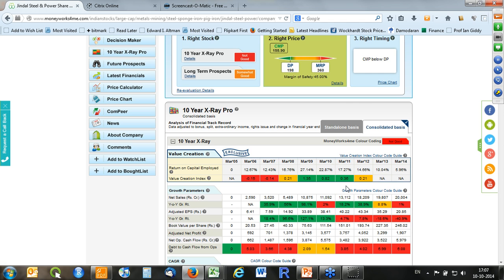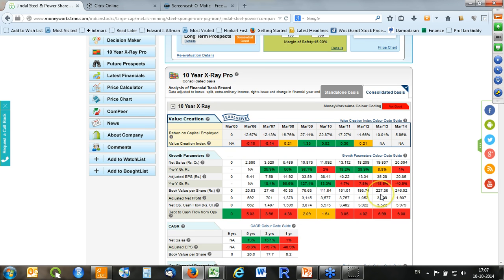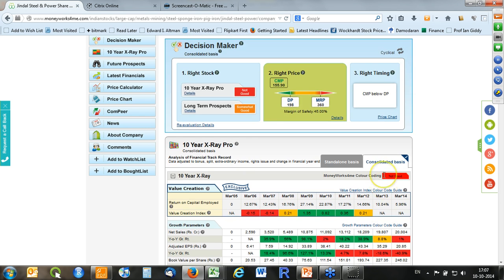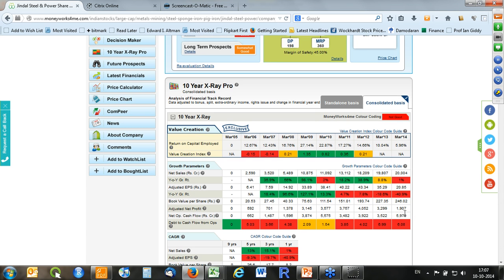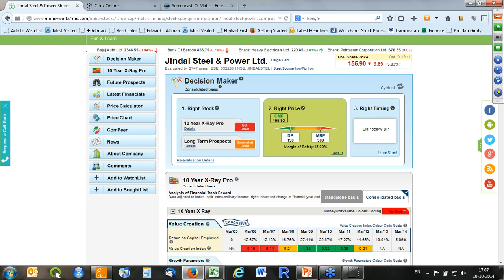The fall in the return on capital employed has been very steep, even though its sales growth has been very high. Because of this reason and the kind of cash debt that it has, we have been very negative on JSPL. However, that in itself need not be a very bad reason not to invest in it.